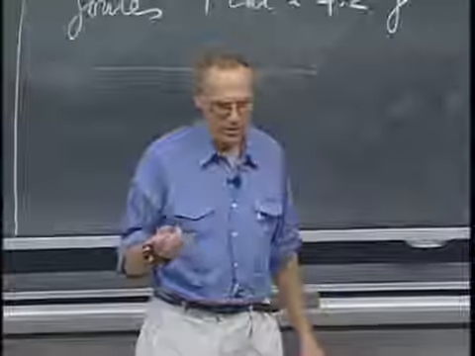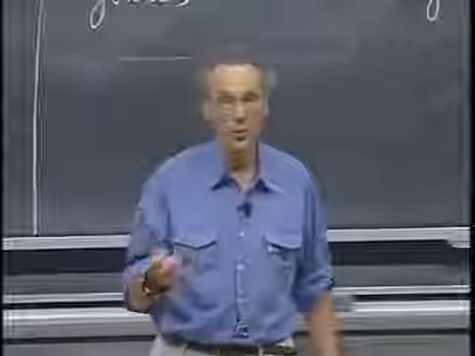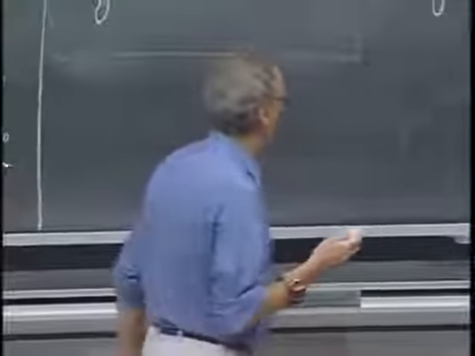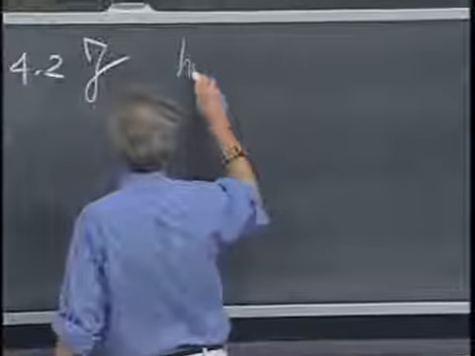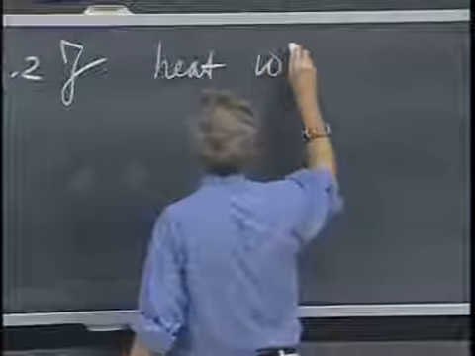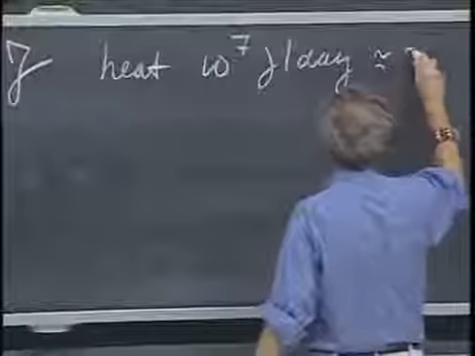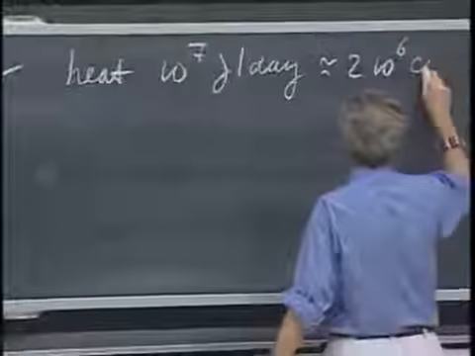It means that in one day about 10 to the 7 joules is what you generate in terms of heat. 10 to the 7 joules per day. And that is about 2 million calories per day.